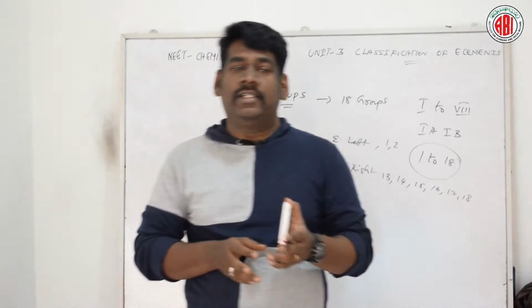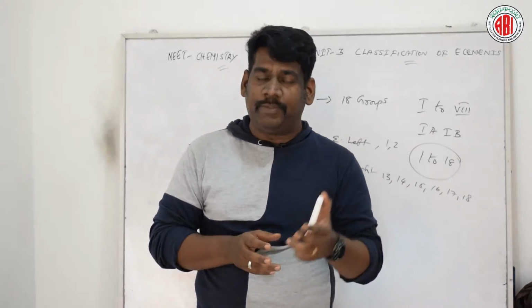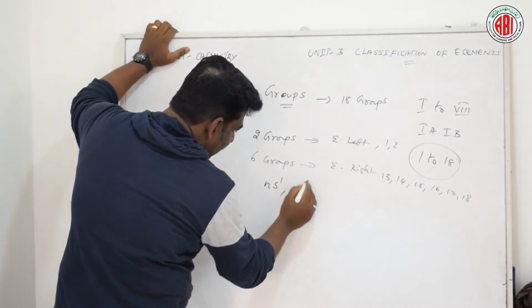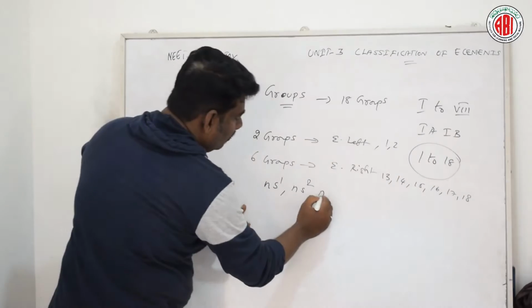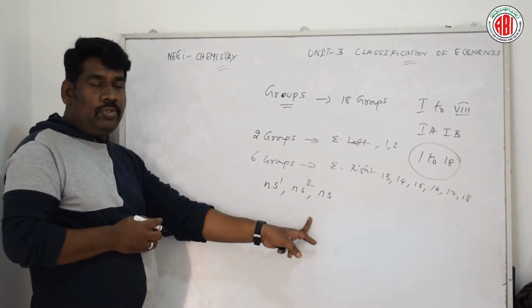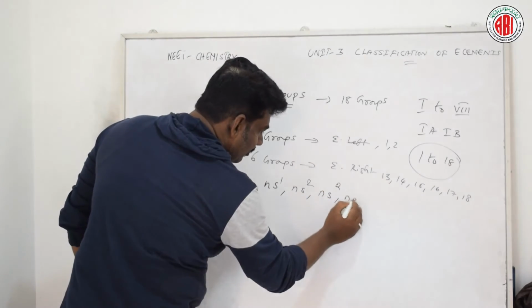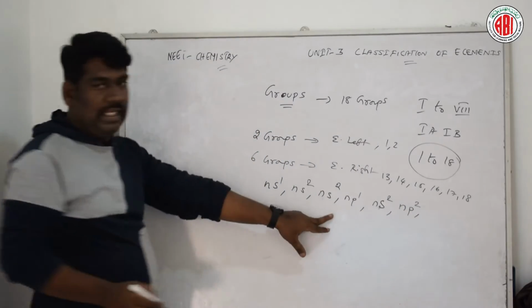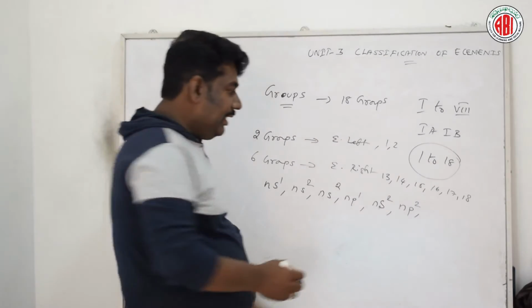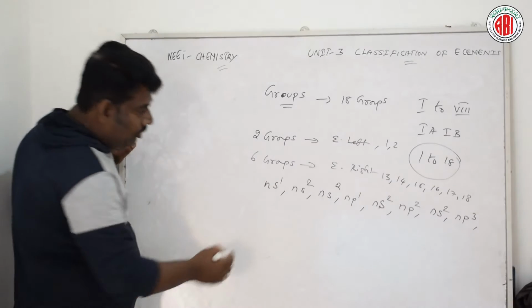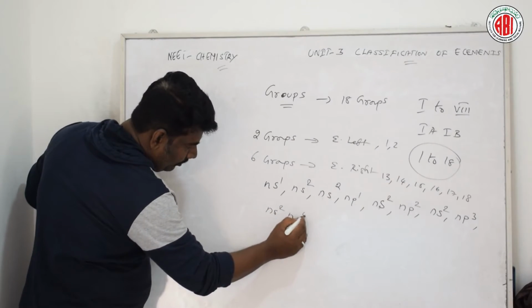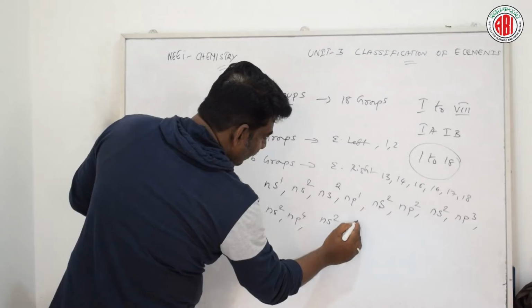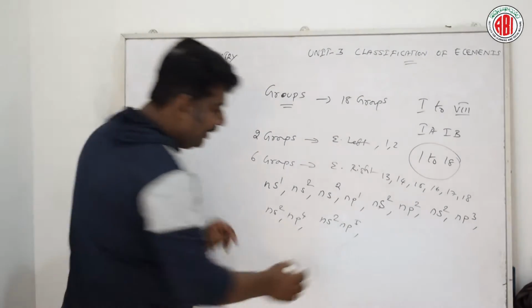The general electronic configurations of these groups are ns1, ns2, ns2 np1, ns2 np2, ns2 np3, ns2 np4, ns2 np5, then ns2 np6.